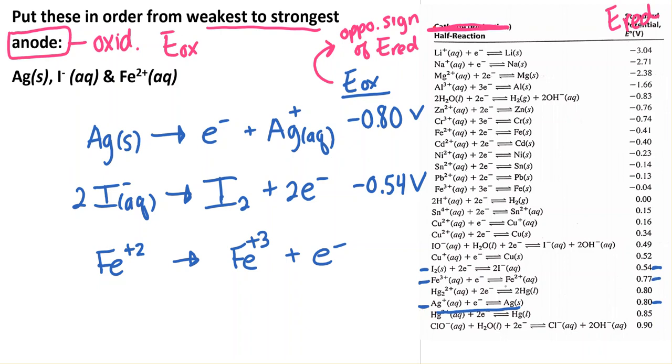It's the opposite reaction, but it's the difference of 1. So I'm going to go with that. And again, change the sign. Okay, so I found my oxidation potentials.